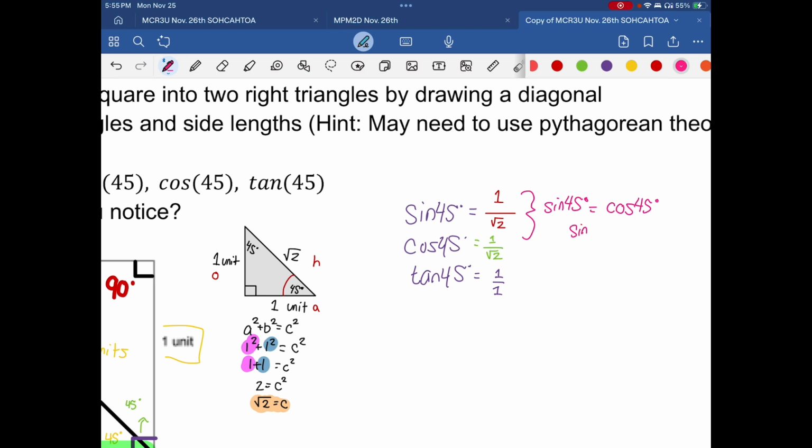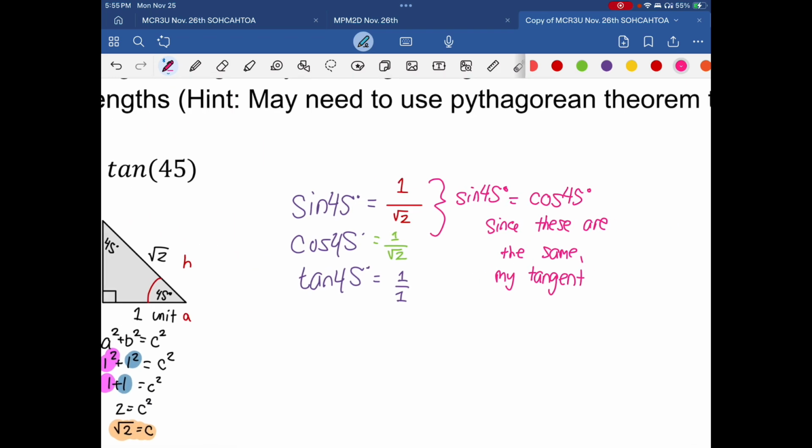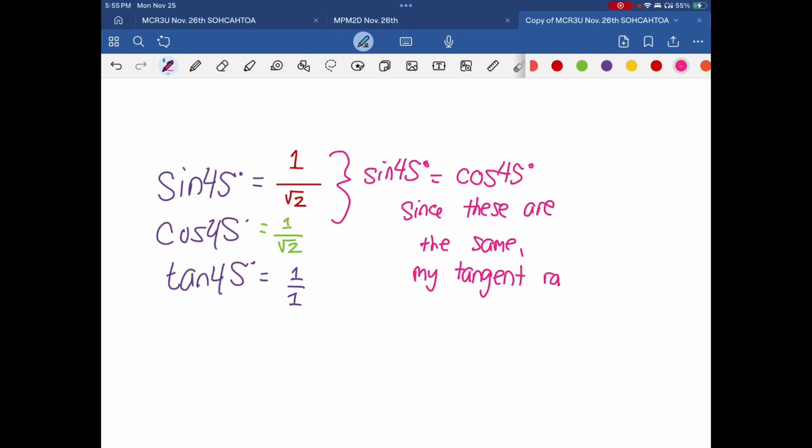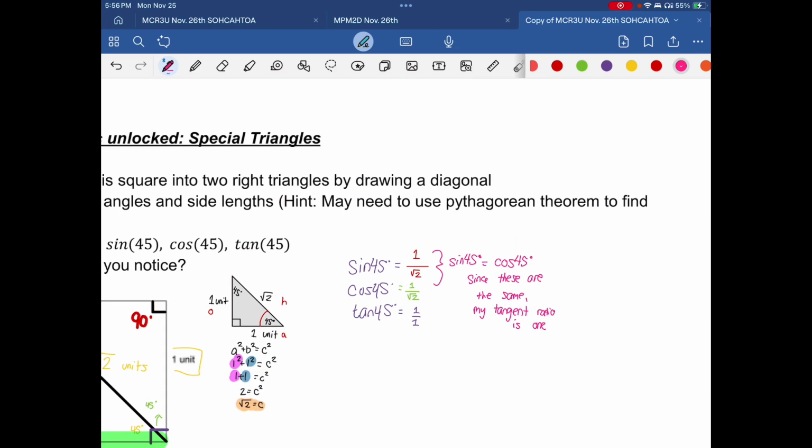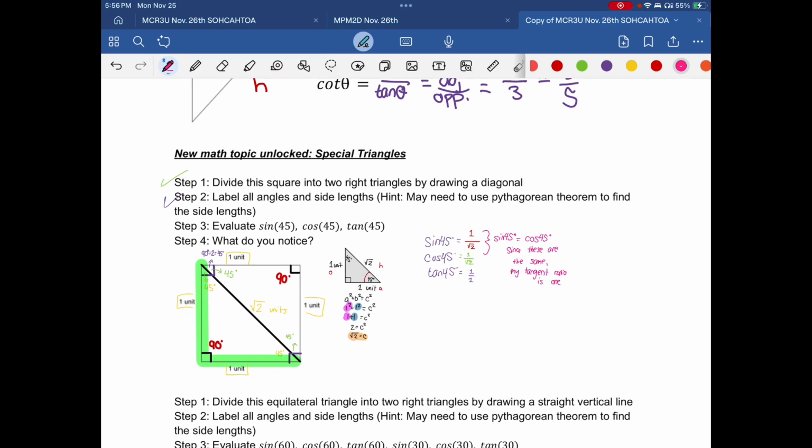And since these are the same, my tangent ratio will literally be 1 because it's basically a number divided by itself. Very, very fancy stuff. Okay, so give you time to process that, and we'll move on to the next special triangle.